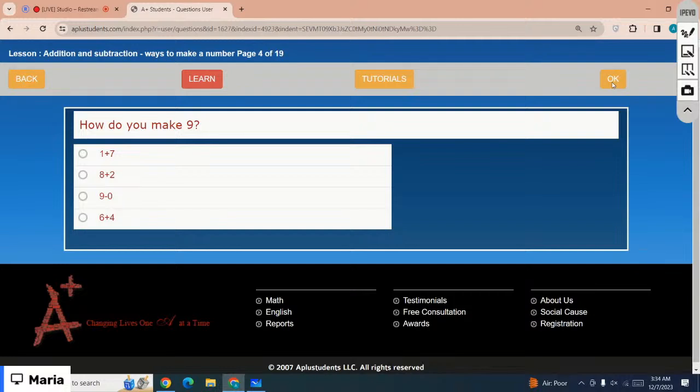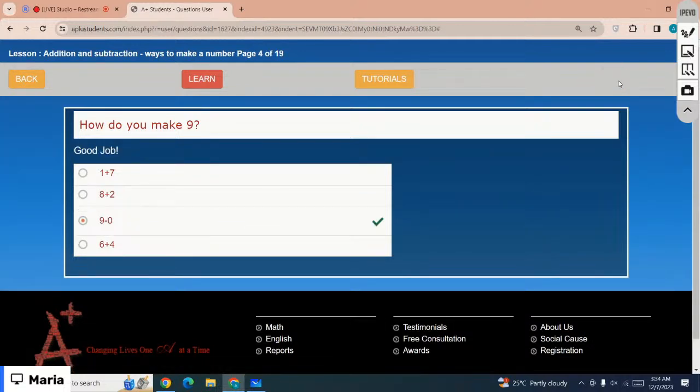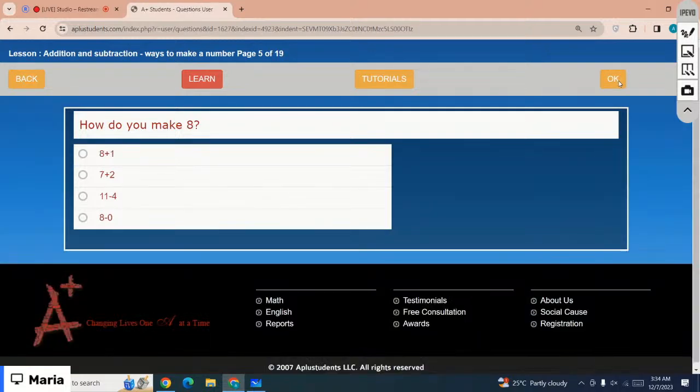Yes, 9 minus 0 is the correct option. That is the only option that makes 9. Option number 3 is the correct option, right? 9 minus 0 is 9. Very good. Okay, how do you make 8? Which is the correct option?